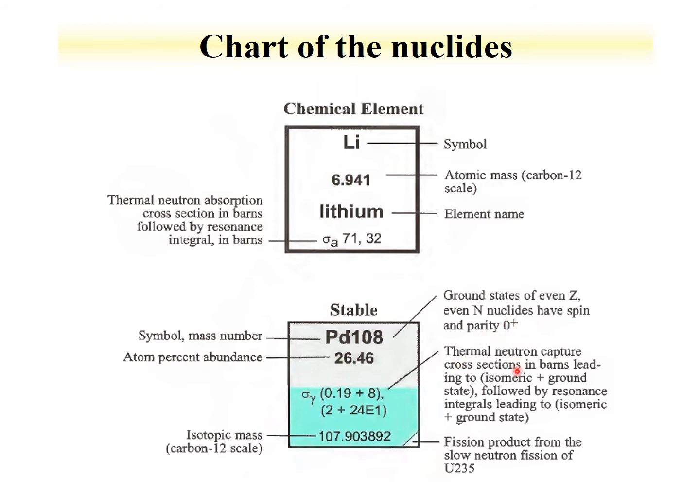The thermal cross-section in barns leading to isomeric and ground state, and the resonance cross-section in barns, isomeric and ground state. This triangle here means that this isotope is produced from fission, and this is the mass of the isotope. We will describe cross-section in more detail when we discuss nuclides.